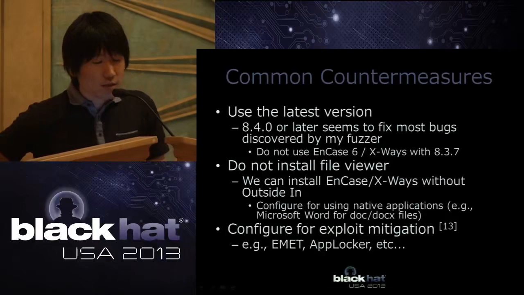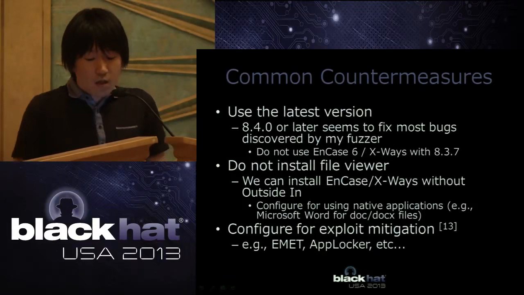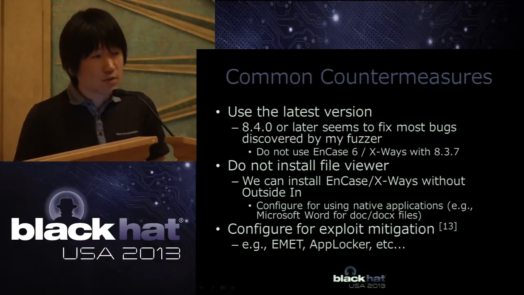As a common countermeasure, I recommend using the latest version of Outside In. Because 8.4.0 or later probably fixes all bugs except the infinite loop DoS bug discovered by my father. If you want to use EnCase 6, you can choose an installation without file viewer.